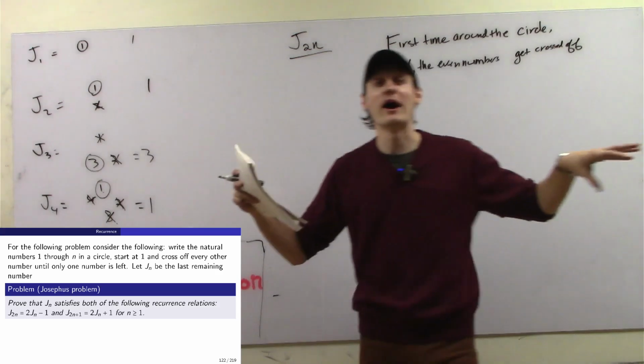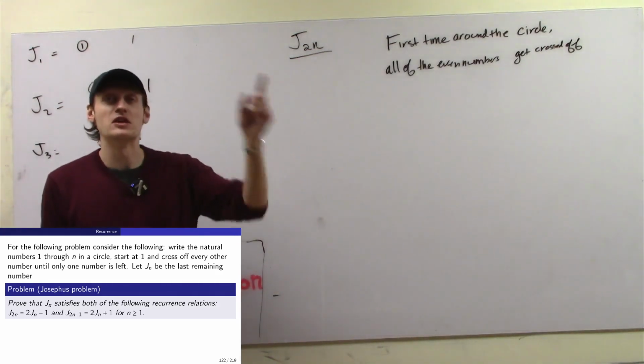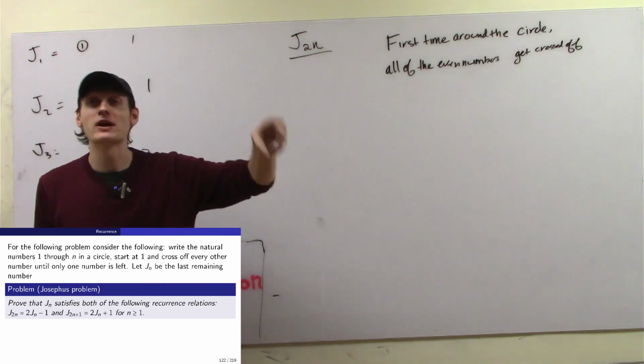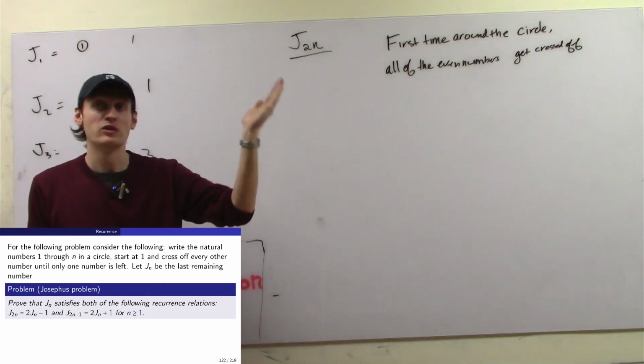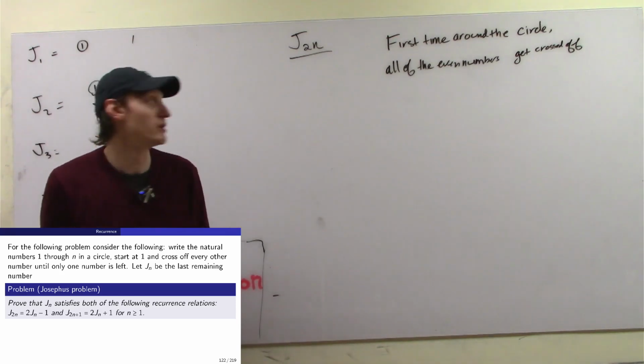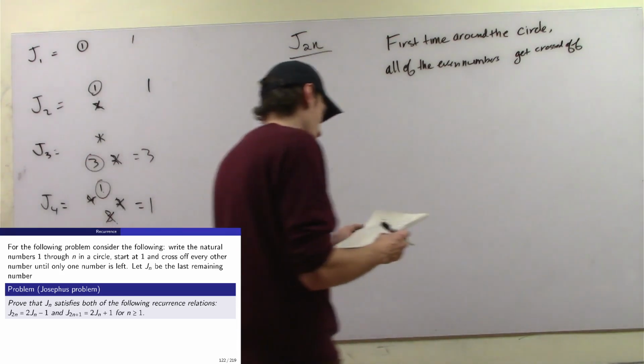And they all bow out, and all you have remaining is the odd numbers. And so you have all of them get closer in the circle. And they play the game again, just starting with the number 1. The person to the left of them gets crossed off, and then 2 more gets crossed off, and you keep going around. So what does this mean?